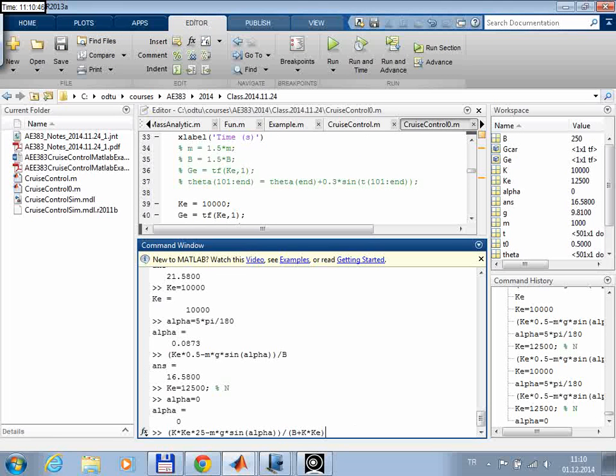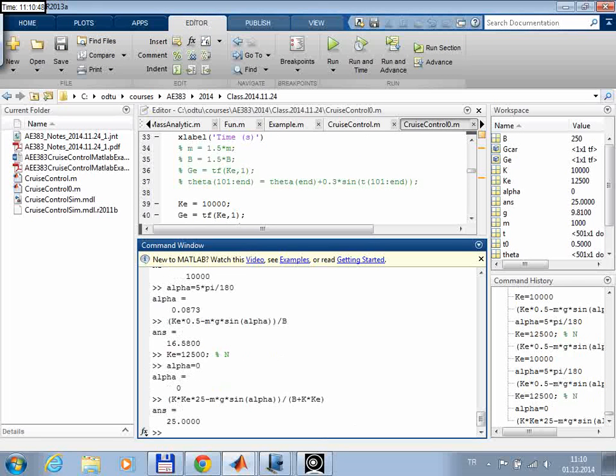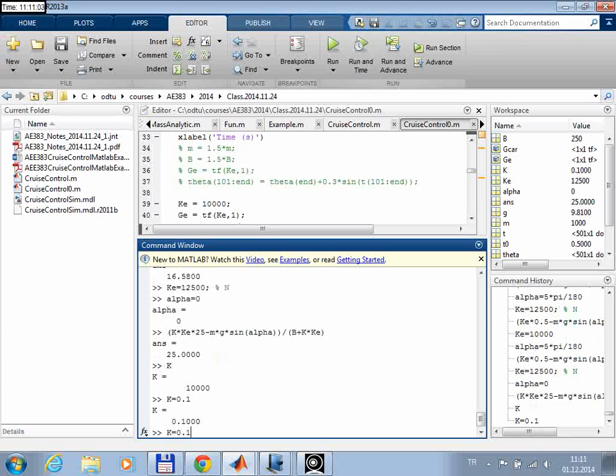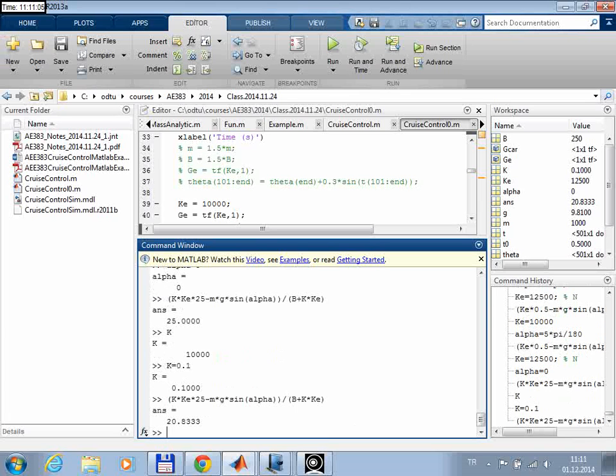So the value of this thing is, no, K should be 0.1.